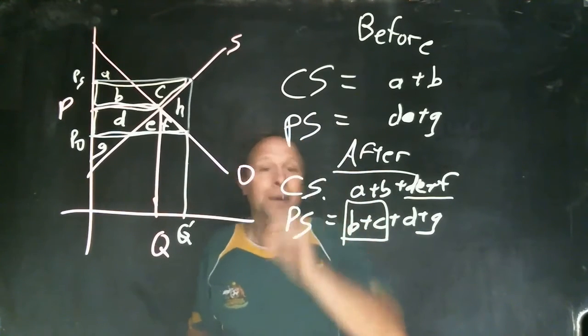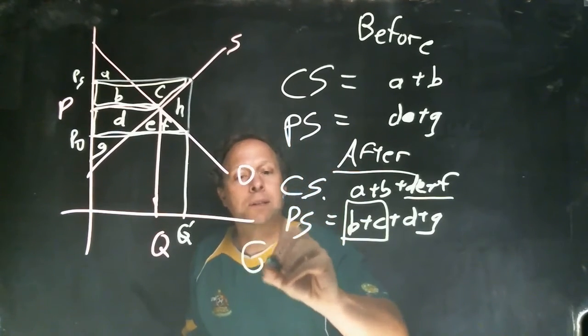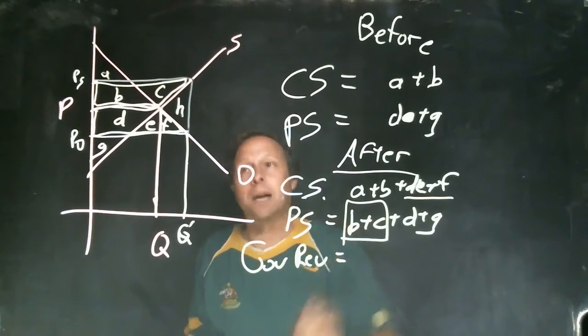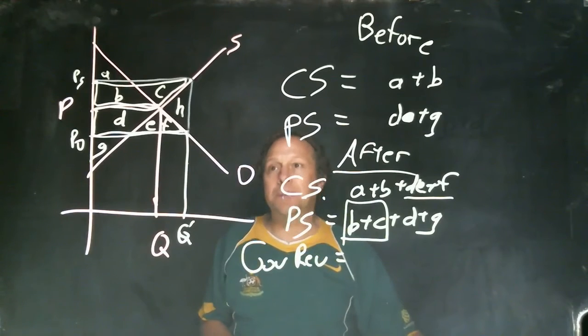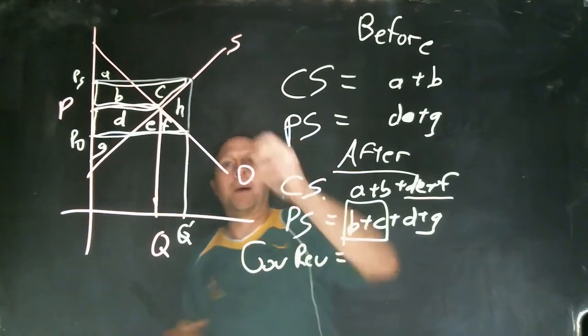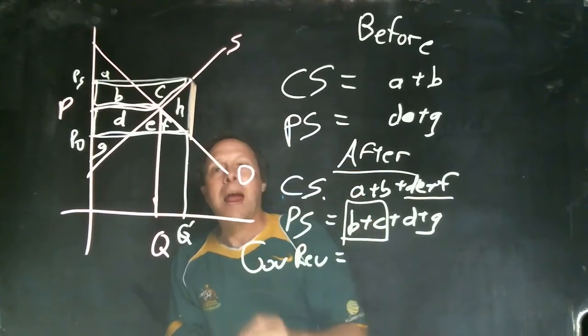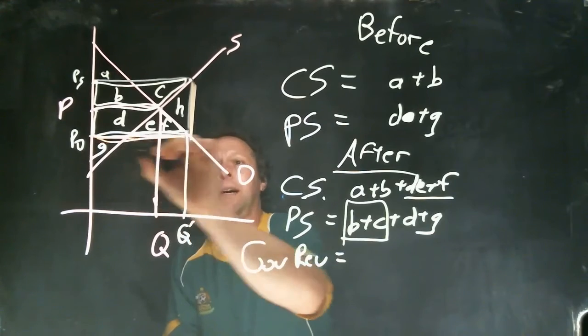Well, the problem here is someone has to pay for these subsidies, right? So the cost of paying for the subsidies all comes out of government revenue. And how much do these subsidies cost? Well, remember, we have a subsidy of this size here, and we have that subsidy being paid on all of these goods here.